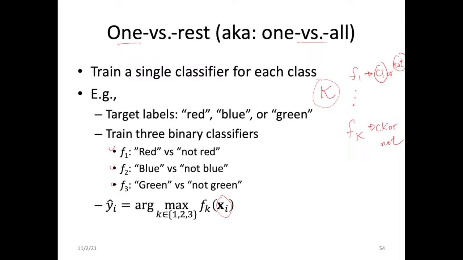However, there's another thing you need to consider. For each classifier alone in the one versus rest approach, assuming we have n training instances in total, the number of training instances for each classifier is n, because each instance is either class i or not class i.